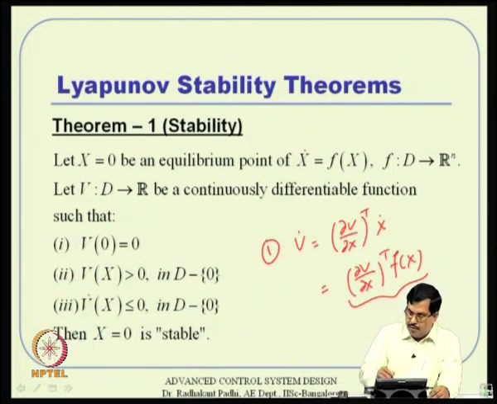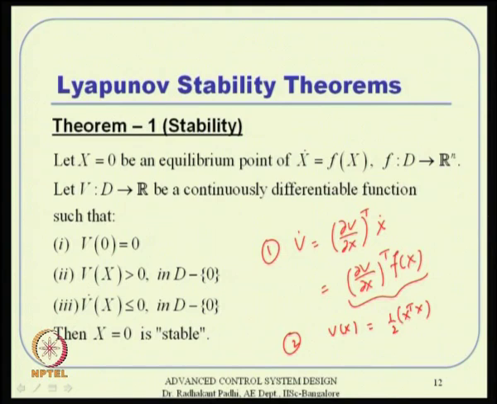The second comment is, if nothing is given, then for V of x we typically like to start with something like x transpose x, let us say. That is certainly a positive definite function, okay, because if you take x equal to 0, it is 0, and for any other x it is positive. It is strictly positive for all x not equal to 0 basically.